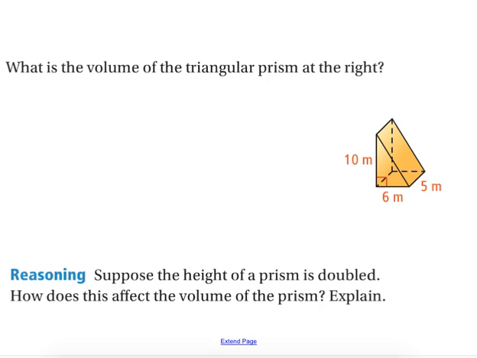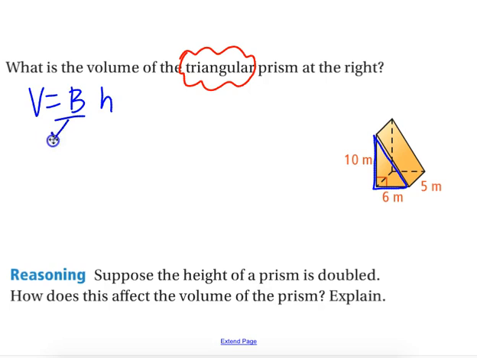Good job, guys. Okay, now we're moving on to a triangular prism. Keyword there, triangular, aka that's telling us what our base is. So for me, I'm going to trace out that triangle so I know what my base is. But again, remember volume equals base area times height. So my base area, we said, is a triangle.